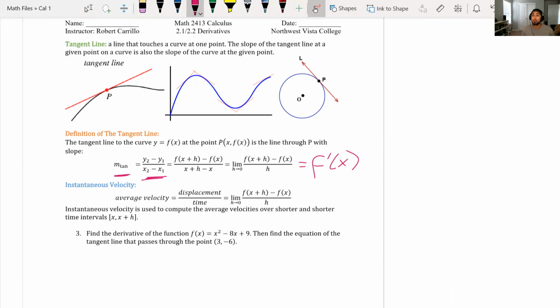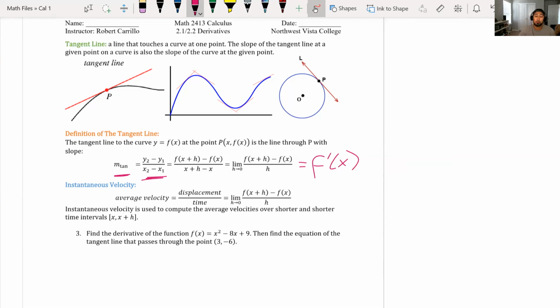So if you're finding the derivative and you plug in a number for x, you're also finding the slope of the tangent line, right? Which means that we can also relate this to instantaneous velocity. Average velocity is displacement over time, which is equivalent to the limit of the difference quotient function.